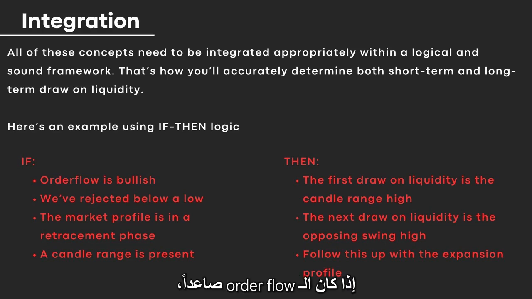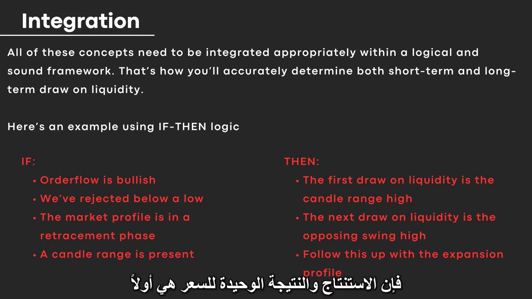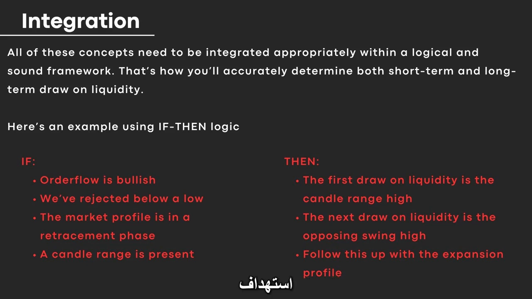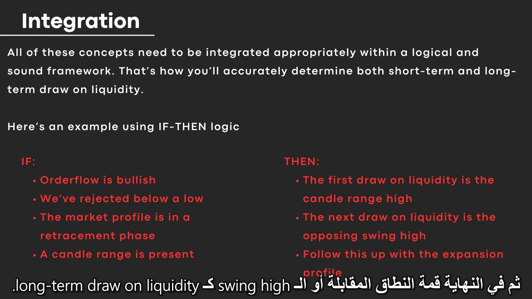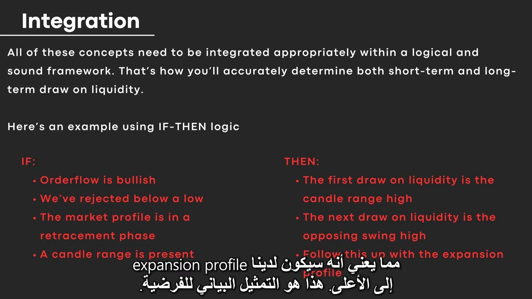If the order flow is bullish, and if we've rejected below a low, and if the market is in a retracement profile and it has almost ended, and if a candle range is present there, then based on all of these if metrics and hypotheses, the only deduction in outcome for price is to first target the candle range high as short-term drawn liquidity, and then eventually the opposing range high or swing high as long-term drawn liquidity, which means we'll have an expansion profile to the upside.